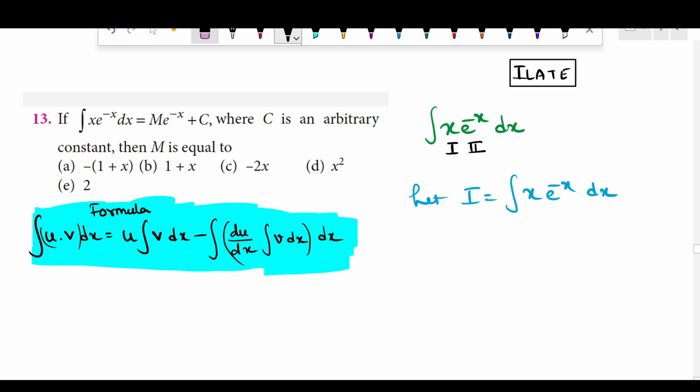Now this is our first function, meaning u, and this is our second function.